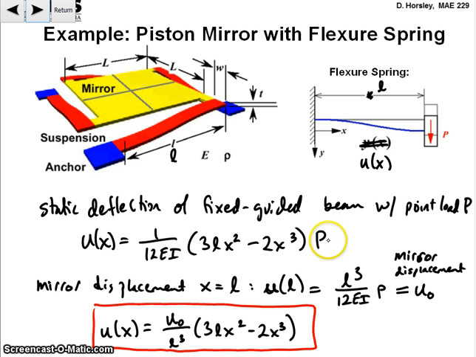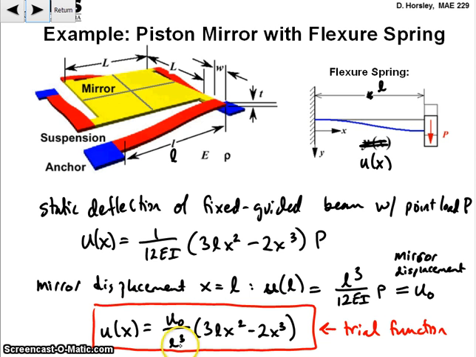So I'm going to figure out what the displacement is at the end of this mirror, and it turns out I can use that mirror displacement as a parameter, and I end up with this as basically my trial function that I'm going to use. So I just wanted to get rid of P as a variable.